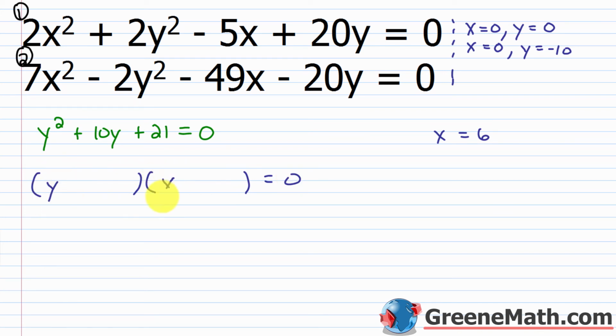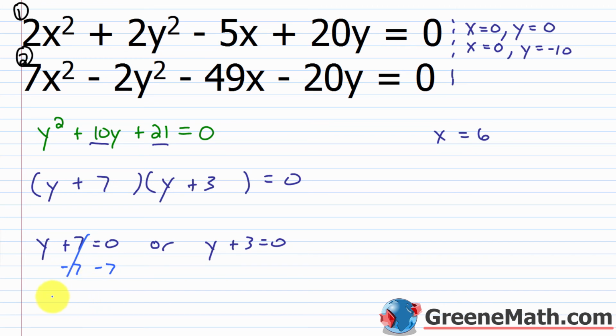Give me two integers whose sum is 10 and whose product is 21. It's easy, 7 and 3. So y plus 7 and y plus 3. So we know the solutions here. We would set y plus 7 equal to 0. Then we would also set y plus 3 equal to 0. Over here, I would subtract 7 away from each side of the equation. I would get y is equal to negative 7.